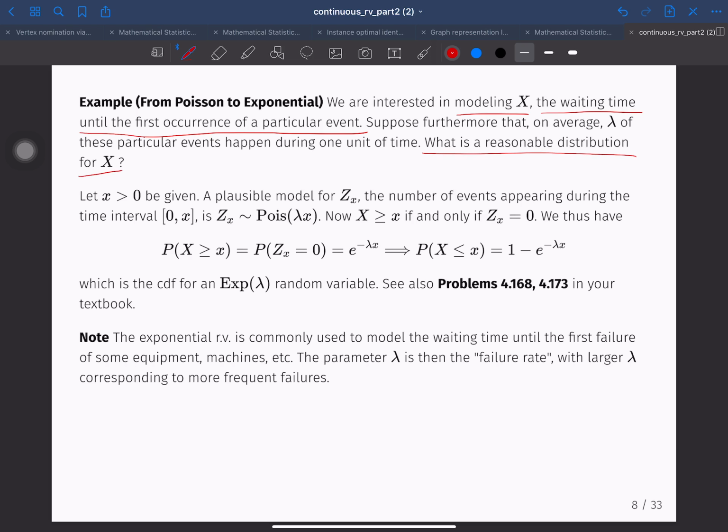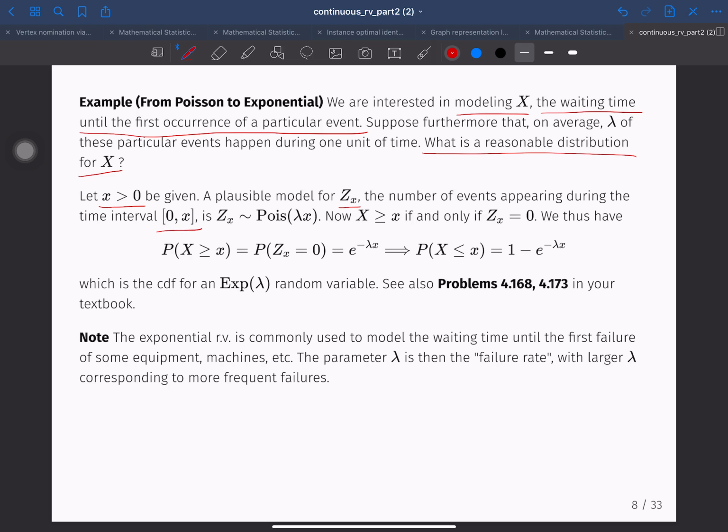And the idea turns out to be simple as follows. Suppose that you have little x bigger than 0, which denotes some value of the waiting time. Now let's think of Z subscript x, which denotes the number of events appearing during this time interval from 0 to x.